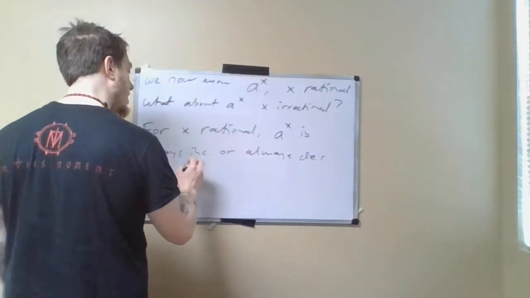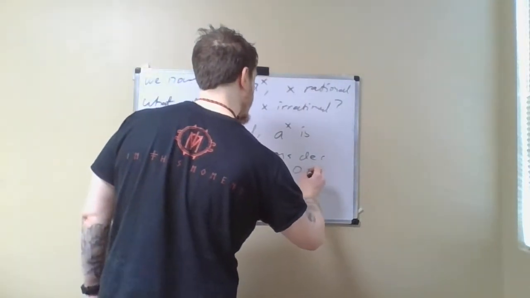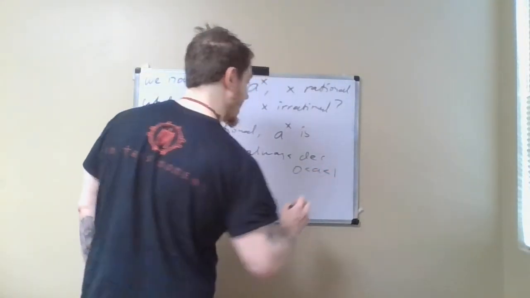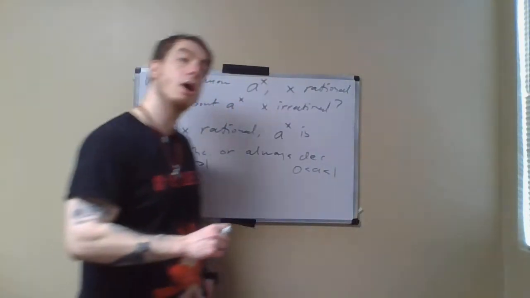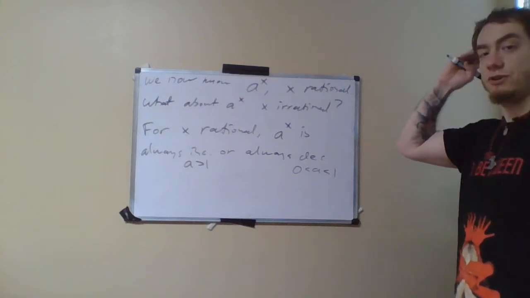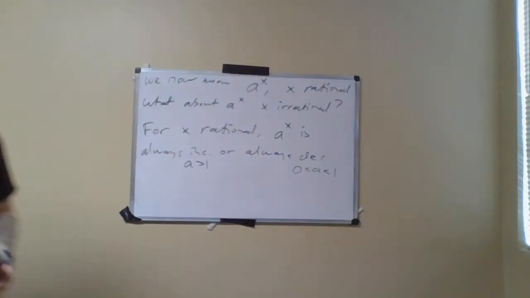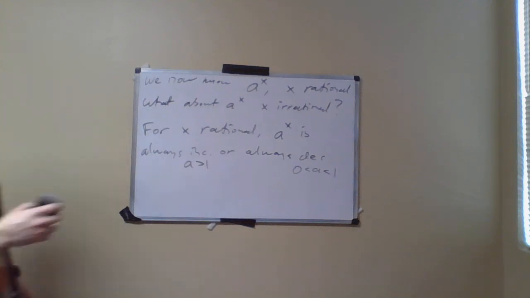And in particular, it is increasing when a is bigger than 1, and it is decreasing if 0 is less than a is less than positive 1. Okay, so we have this nice property here where it's always increasing or it is always decreasing. So what does that mean?